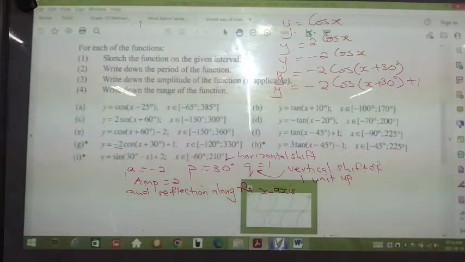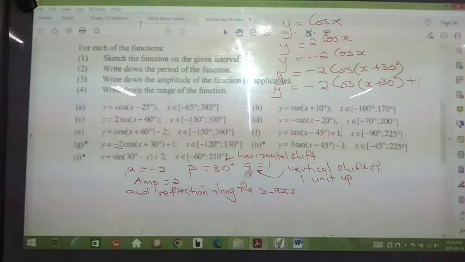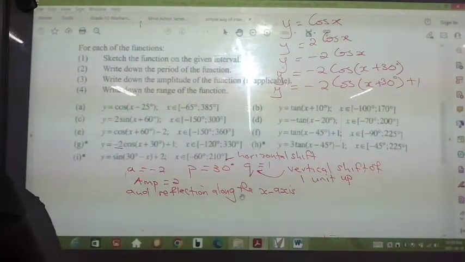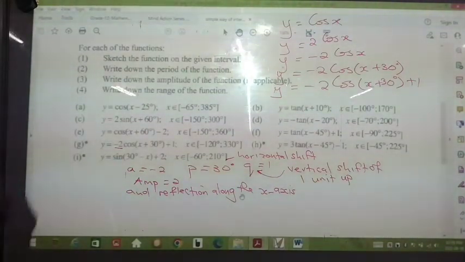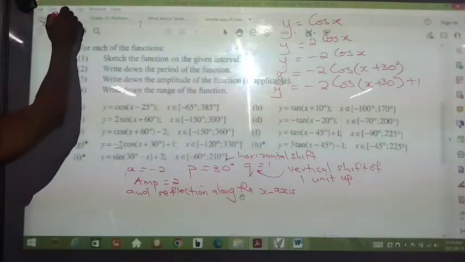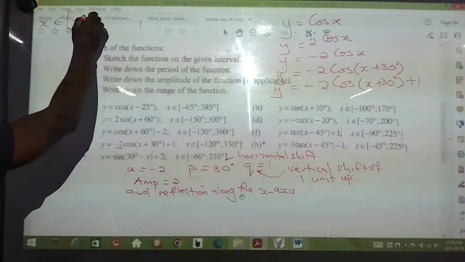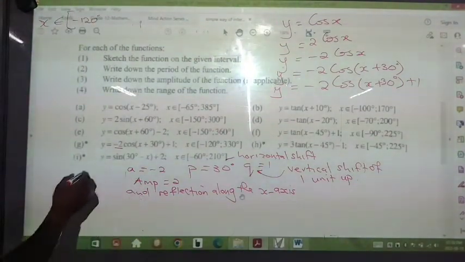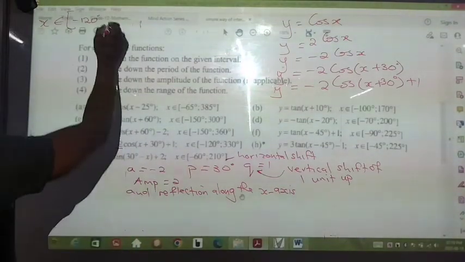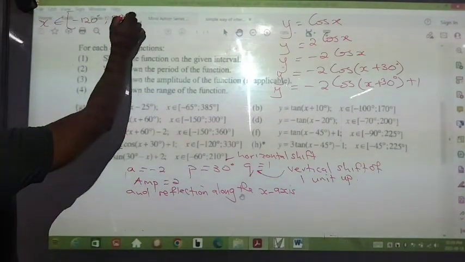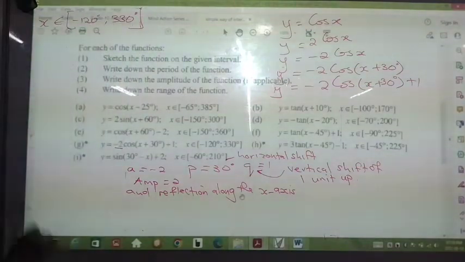And the interval that we are having is x is an element from negative 120 to 330. And remember, we are shifting the graph 30 degrees.